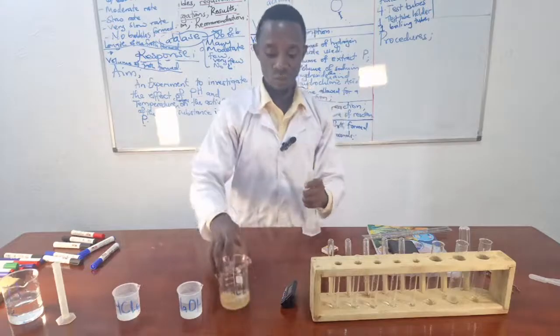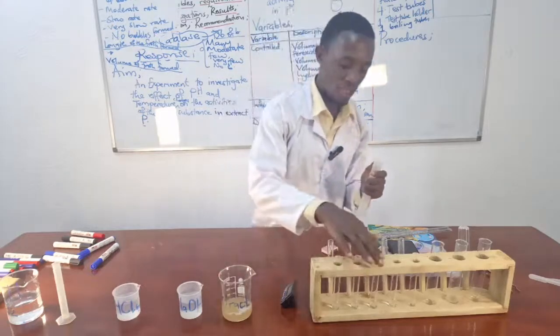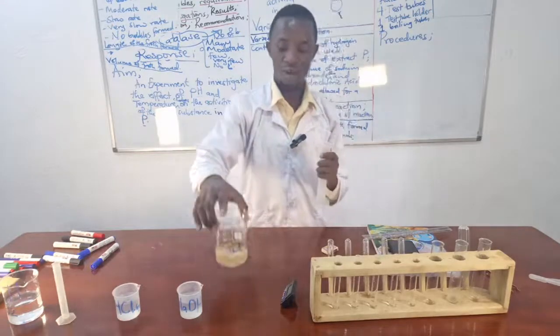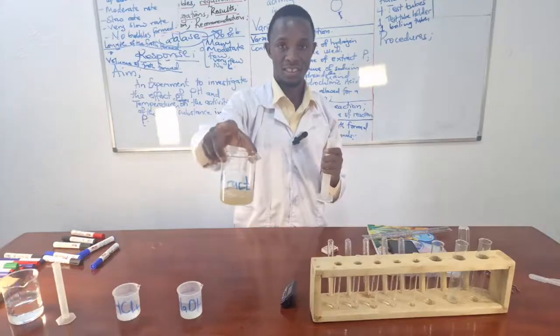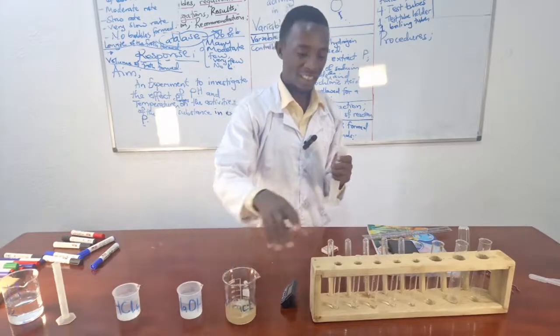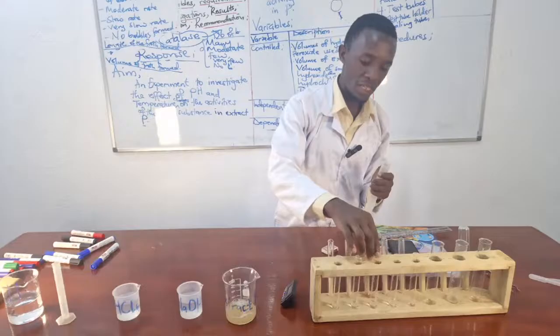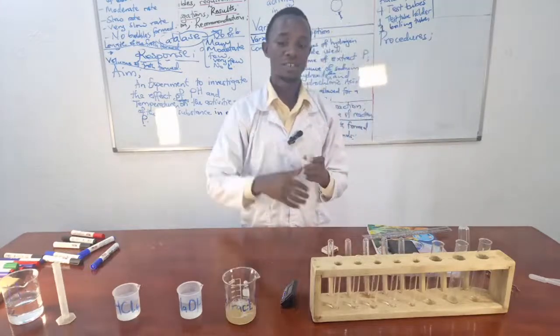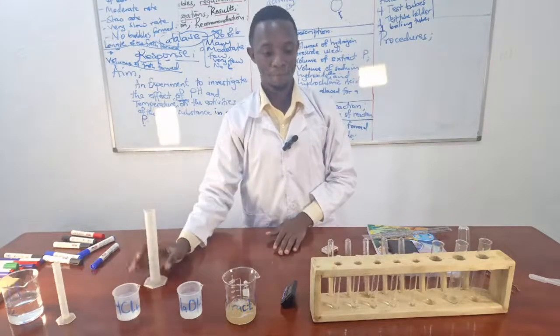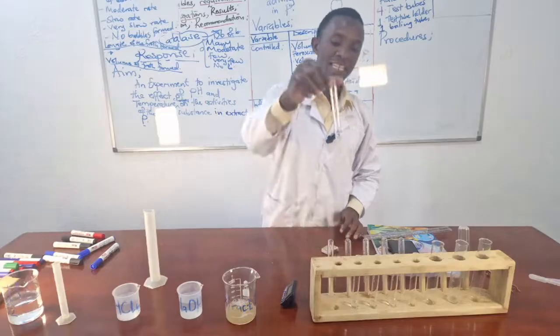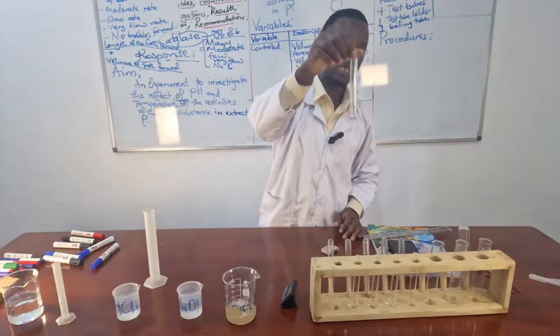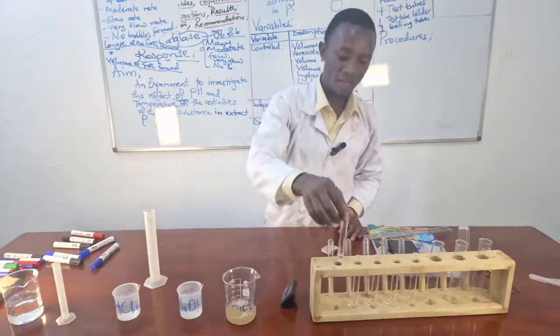In test tubes 1, 2, 3, I'll use a fresh or unboiled extract, where I'll be investigating the factor of pH. So I'll add nothing that affects the pH in 1.